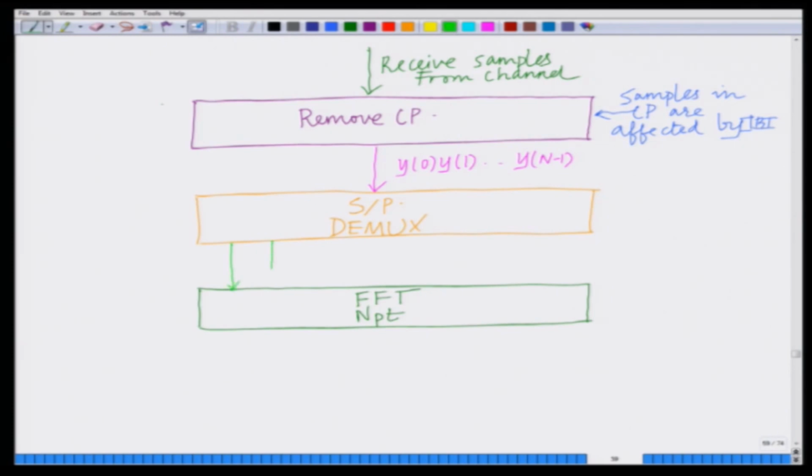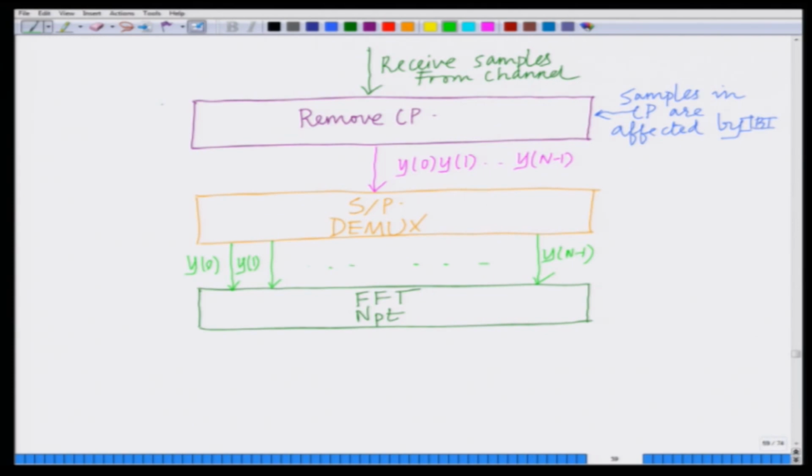The input to the FFT are the received samples y0, y1 up to y n minus 1, which are the output of the demultiplexer.